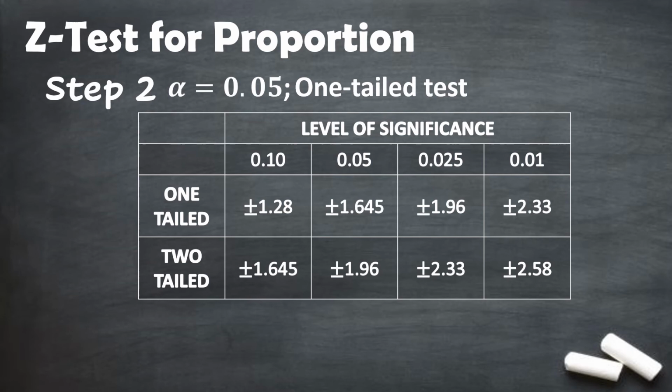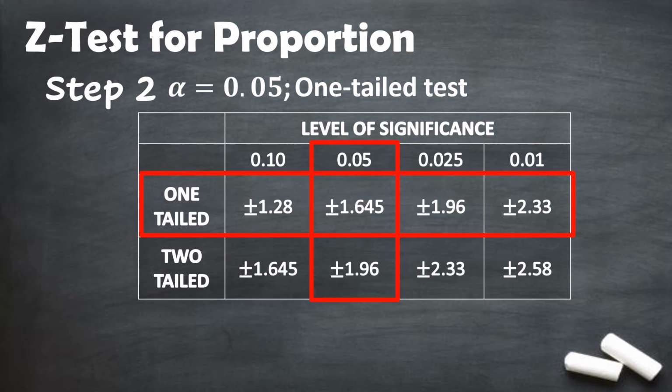Going back to our step 2, we have the level of significance as 0.05 and the number of tailed tests is 1. Since our level of significance is 0.05, we have to draw an imaginary vertical line that will pass through 0.05. And since this is under one-tailed test, we have to draw an imaginary horizontal line that will pass through one-tailed test.